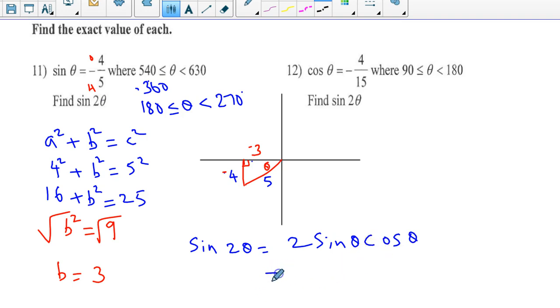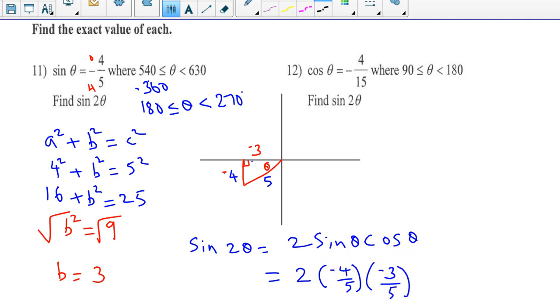So 2 times my sine, which is how much? The sine value -4/5 you already have, times cosine theta. The value of cosine theta from here is adjacent side over hypotenuse. My adjacent side is negative 3 and the hypotenuse is 5.